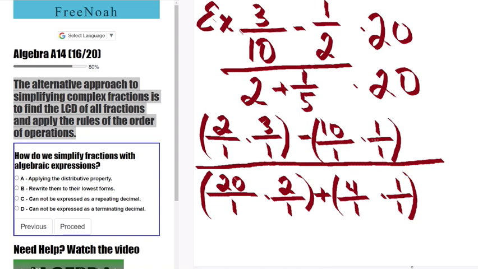So we have 2 over 1 times 3 over 1, giving us 6 over 1. And then we have 10 over 1 times 1 over 1, giving us 10 over 1. So in our numerator, we're left with 6 over 1 minus 10 over 1.